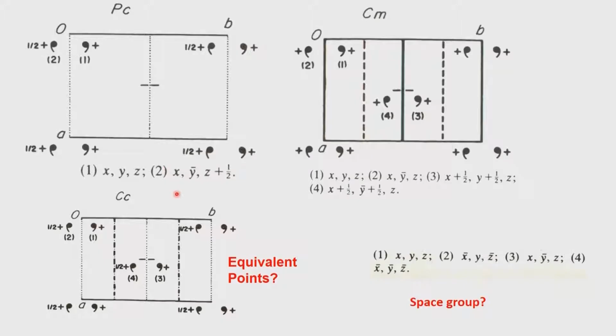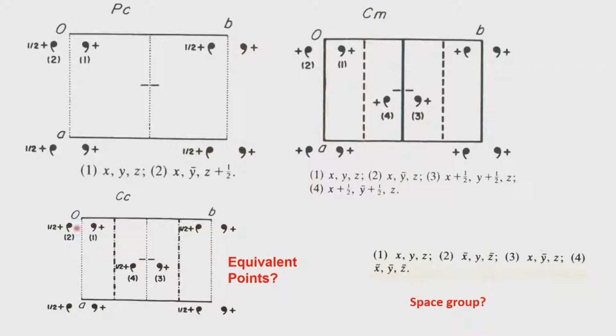Now, just keeping the logic of arguments going, if one looks at this particular diagram, suppose you are given only this diagram and then the positions of the equivalent points. In this case, of course, both the positions of the equivalent points and the symmetry operations are given.